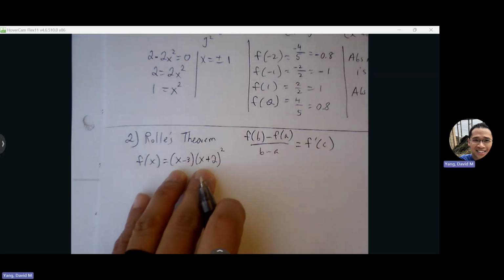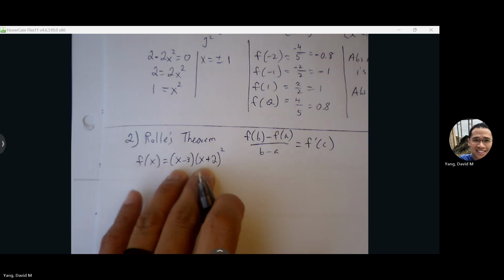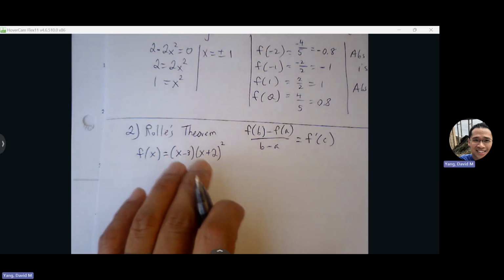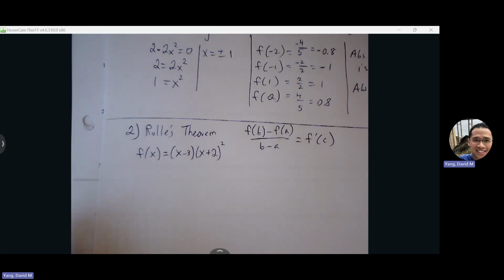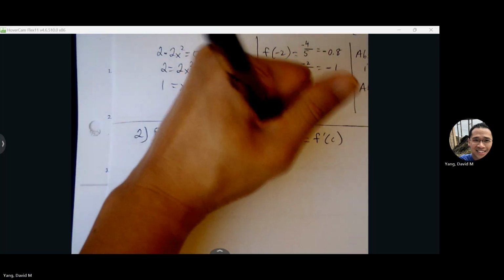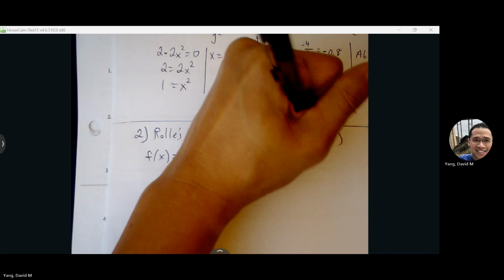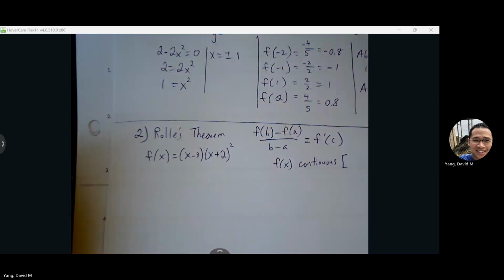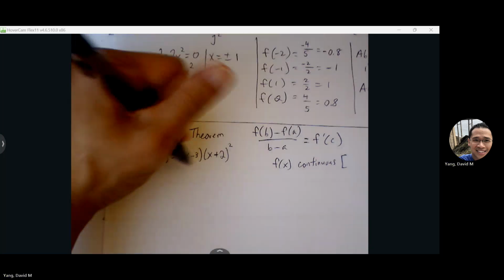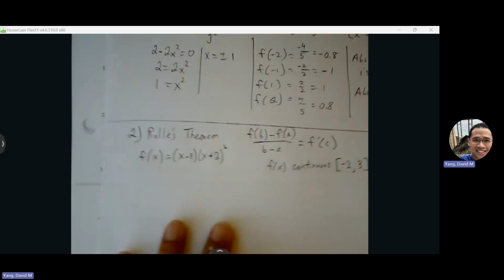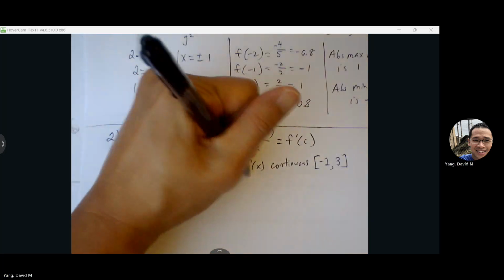We have a polynomial, 2 conditions associated with Rolle's theorem, continuity and differentiability. Let's make sure we state those conditions. Continuity with brackets, differentiable with parentheses.